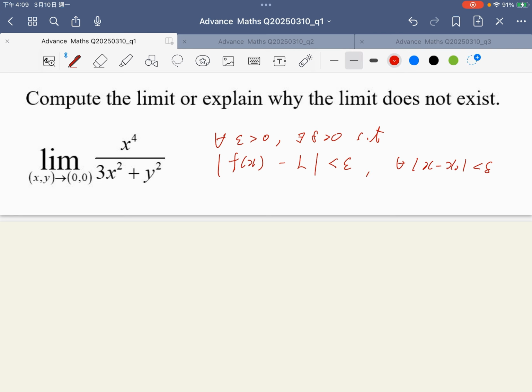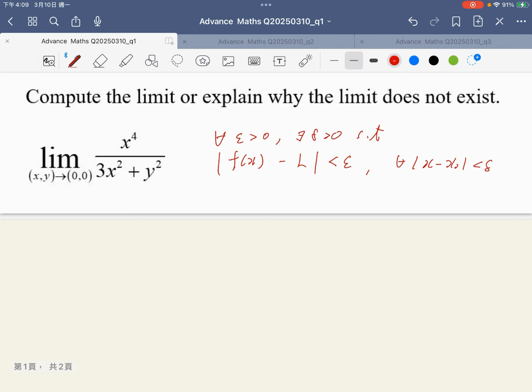That is the epsilon-delta definition of the limit. Here I try to prove the limit exists. Because the absolute value of x to the power 4 over the denominator is always positive, I use the sandwich theorem. If I ignore this term in the denominator, I get x to the power 4 over 3x squared.